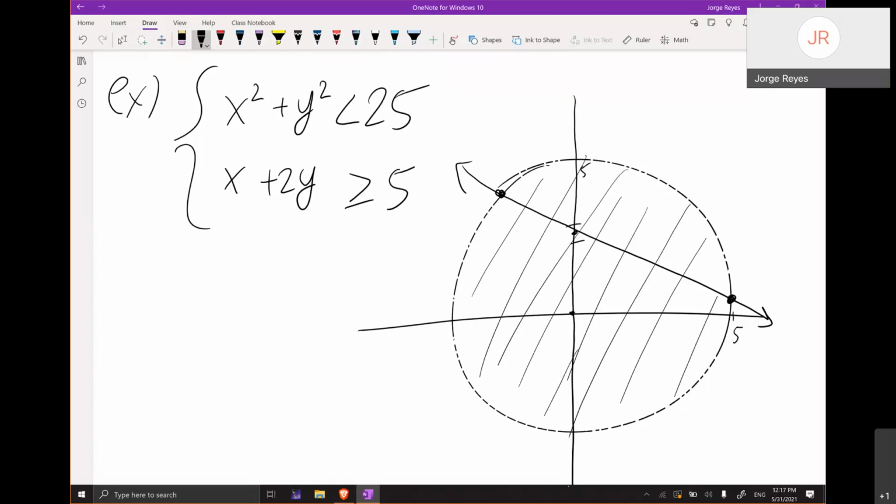So now I just need to know above the line or below the line. So I'll plug in a test point, 0, 0. 0 plus 0 greater than or equal to 5. That's wrong. So my test point 0, 0 is not correct. That means it's not below the line, it's above the line.